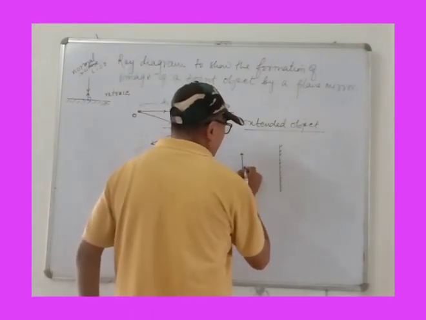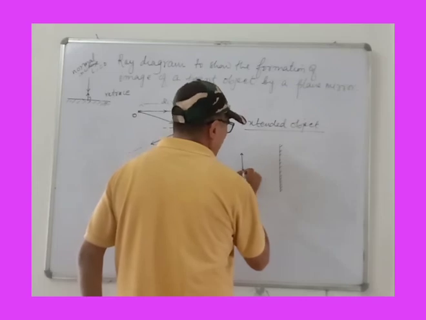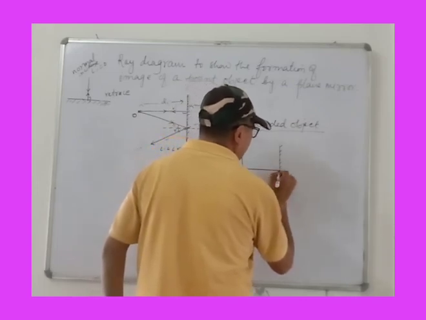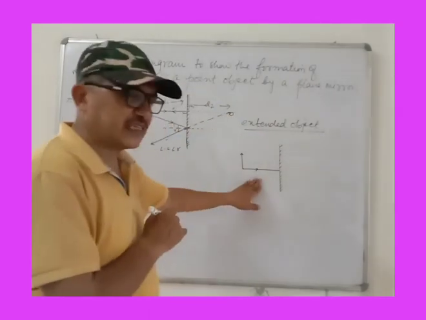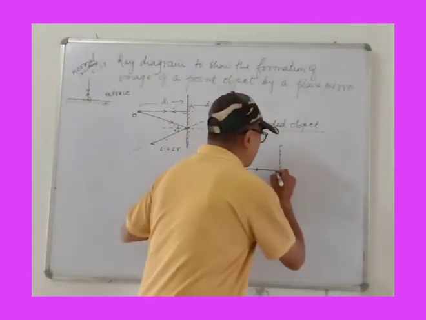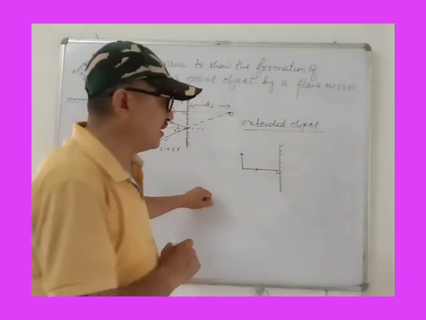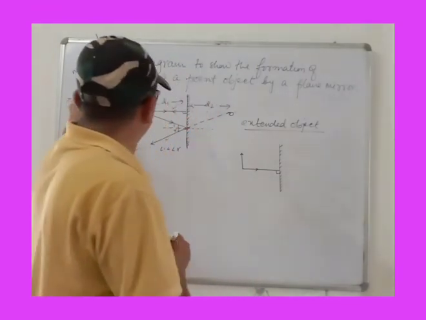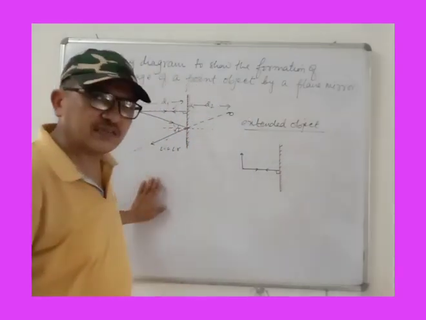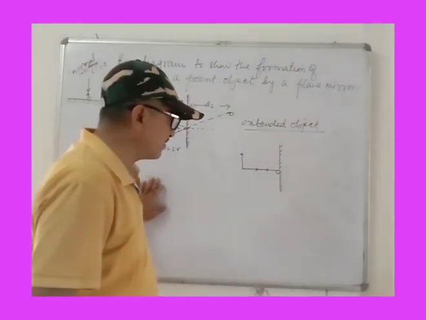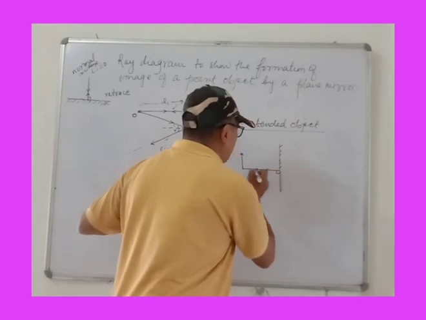From the tail of the object, from the bottom of the object, I will take a straight line giving an arrowhead in this direction, showing that it is falling normally on the plane mirror, and as a rule, it will return through the same path. It will retrace, and while retracing it is going like this.